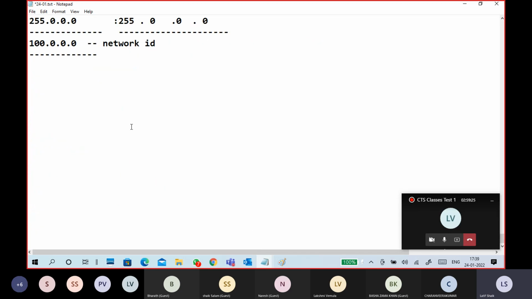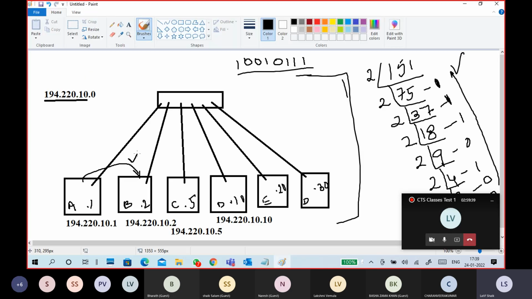Network ID must be the same. If both devices' network ID is the same, then they will communicate with each other.